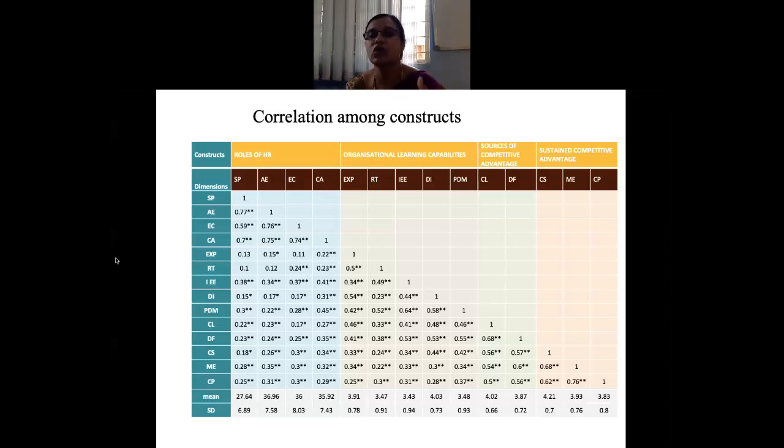So this is how the inference is drawn when it comes to showing relationship and association. So usually when you're giving about relationship and association, you will say whether there's a moderate correlation, whether there's a very high correlation, or whether there's very low correlation. This will be the kind of inference that you will be drawing.